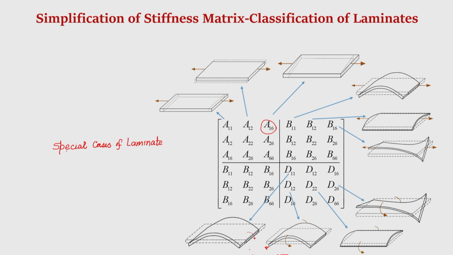By choosing the geometrical and mechanical properties of the constituent lamina in making a laminate, we can simplify the stiffness. We can make some of the terms in the ABBD matrix 0 and thereby eliminate some of the undesirable responses of the laminate.